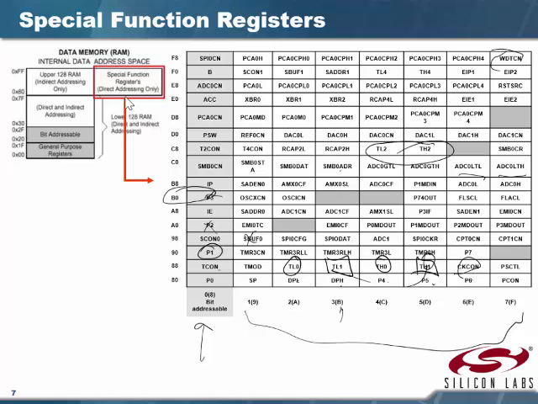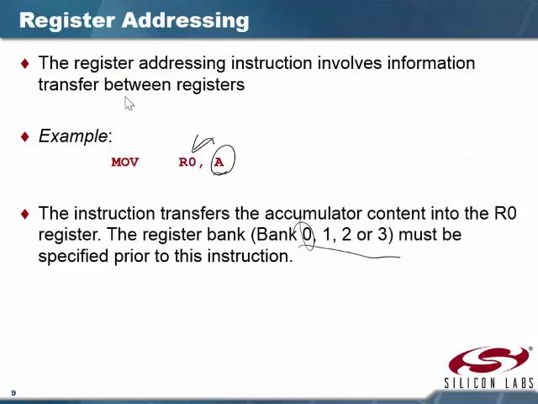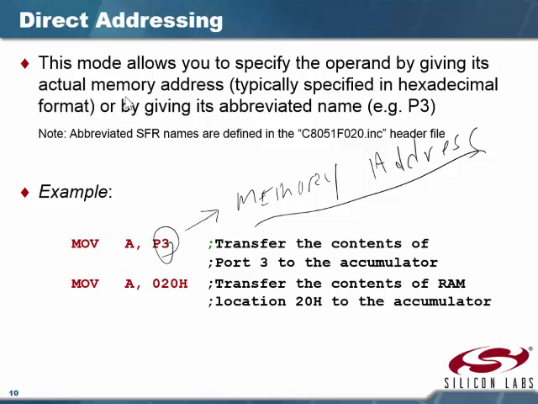So in this instruction, I could write B0H and it does the same thing.